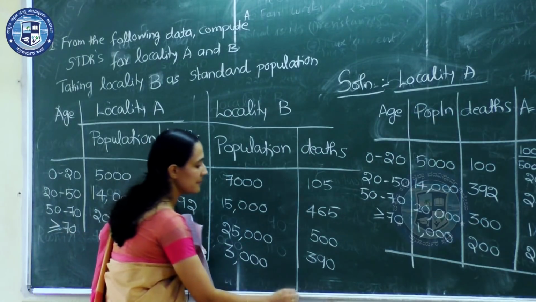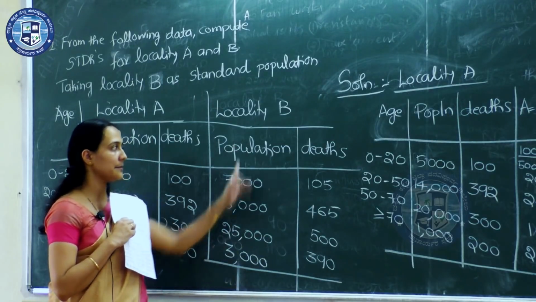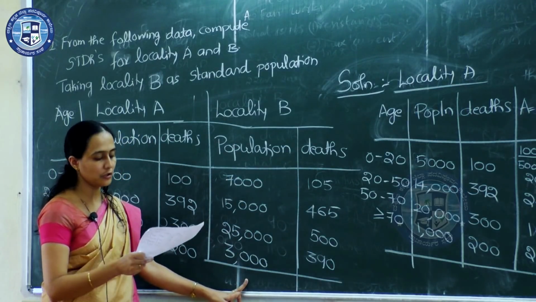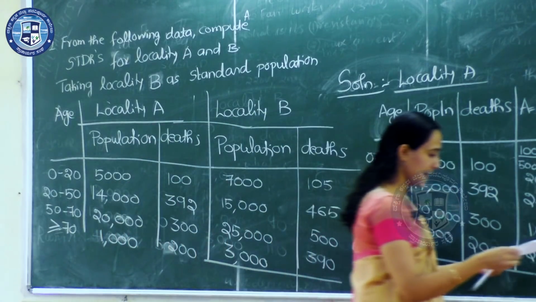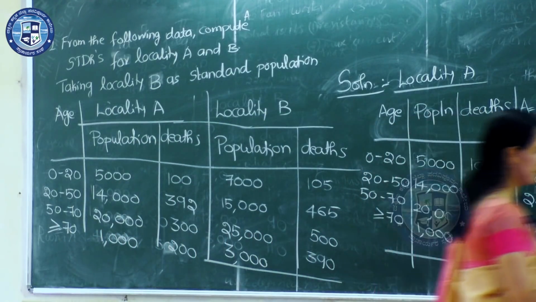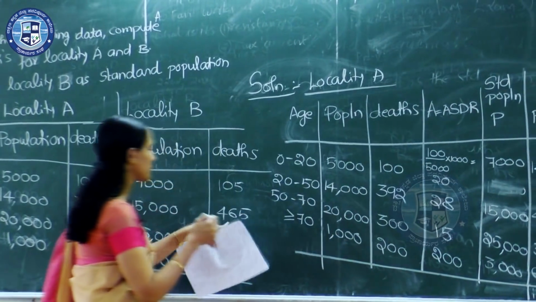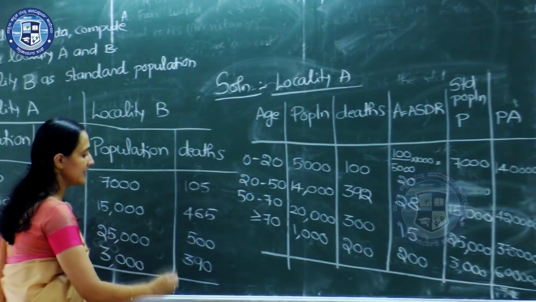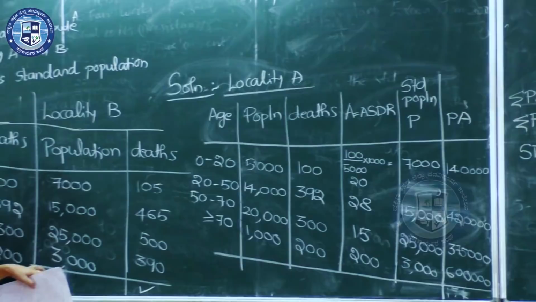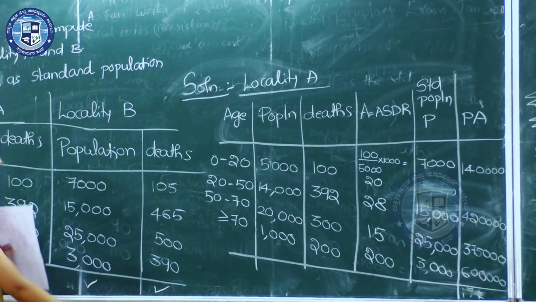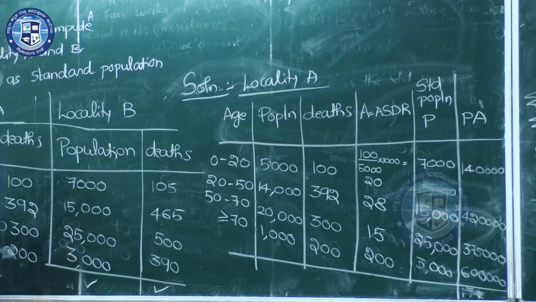Just compute this total. Total deaths divided by total population into 1,000. Total deaths, this total we have to find: 105, 465, 500, 390. Similarly, locality B's total also we have to compute. This total divided by this total into 1,000.